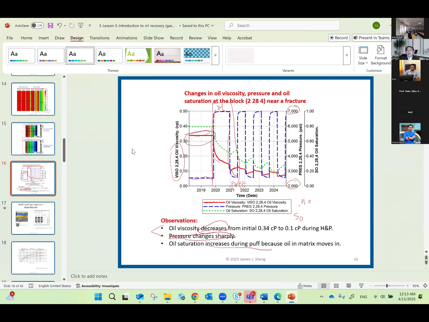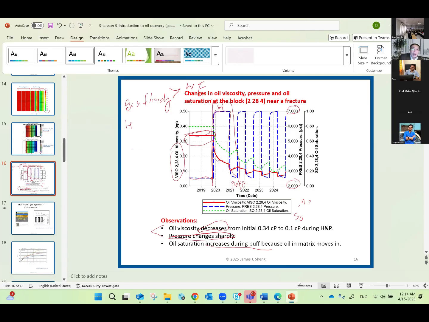Okay, so far we used simulation data to demonstrate what I have explained so far. Let me summarize. Gas flooding is better than water flooding.